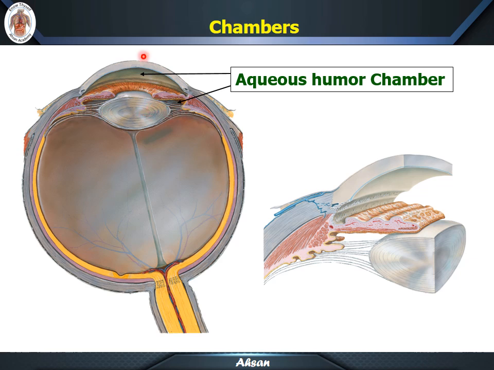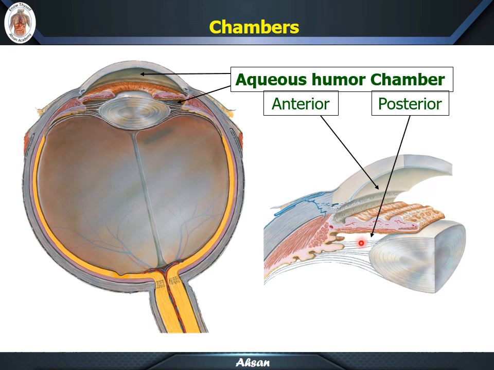So anterior to the lens is the anterior chamber, and it contains a fluid known as aqueous humor, and this is the anterior part and this is the posterior part of the aqueous humor chamber. You can see the anterior part, and this small part is the posterior part.